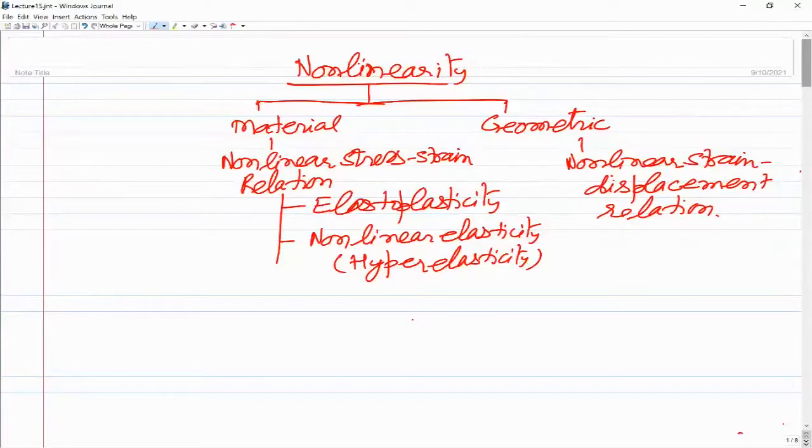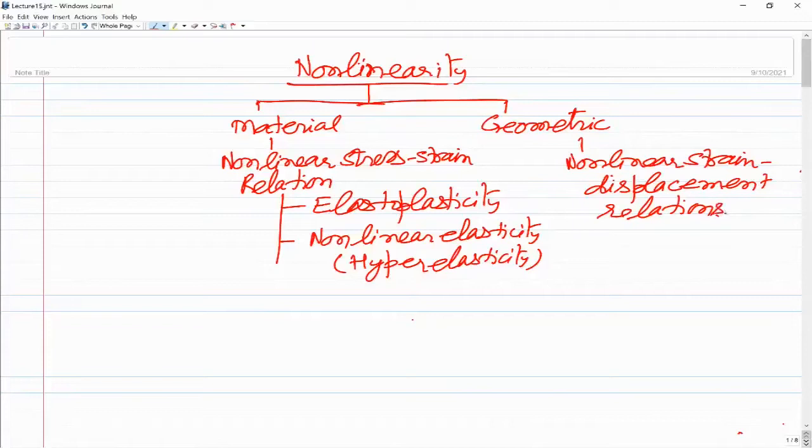And then in the nonlinear elasticity we will consider finite deformation. So there would be geometric nonlinearity and also material nonlinearity. That's what we would consider in hyperelasticity. And there can be purely geometric nonlinearity where the only nonlinearity is in the strain displacement relations. Then you will have to model that accordingly.